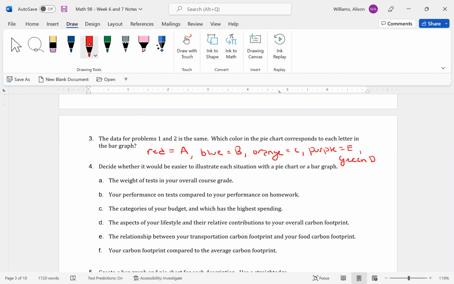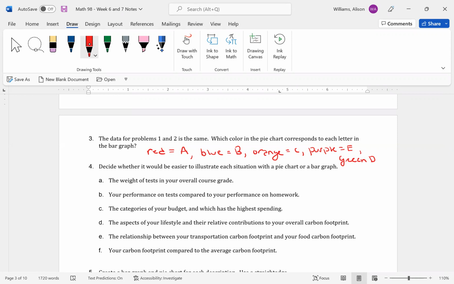All right, so let's decide which would be easier to illustrate with a pie chart or a bar graph. So the weight of tests in your overall course grade. So which tests are worth more? But then of course, you also want to kind of see it as a whole percent. So that's really the question.